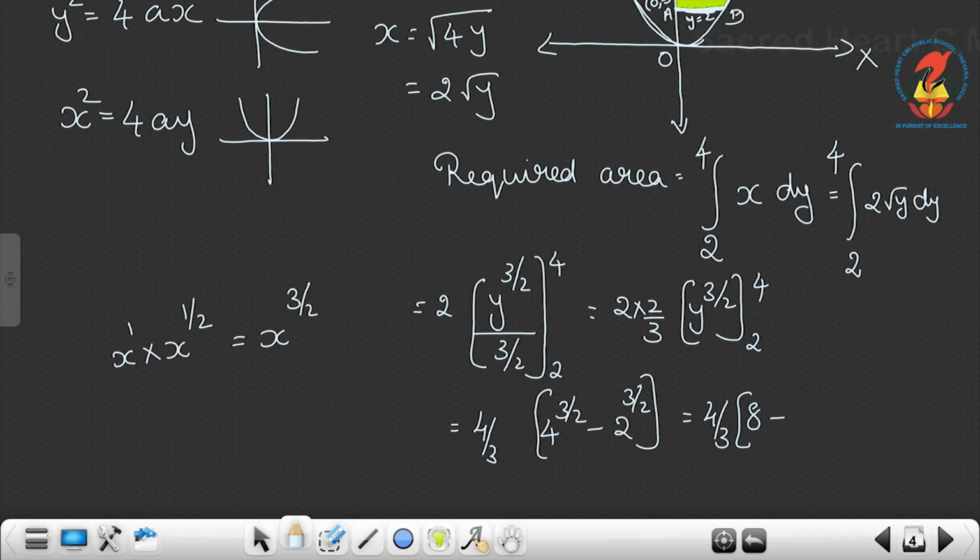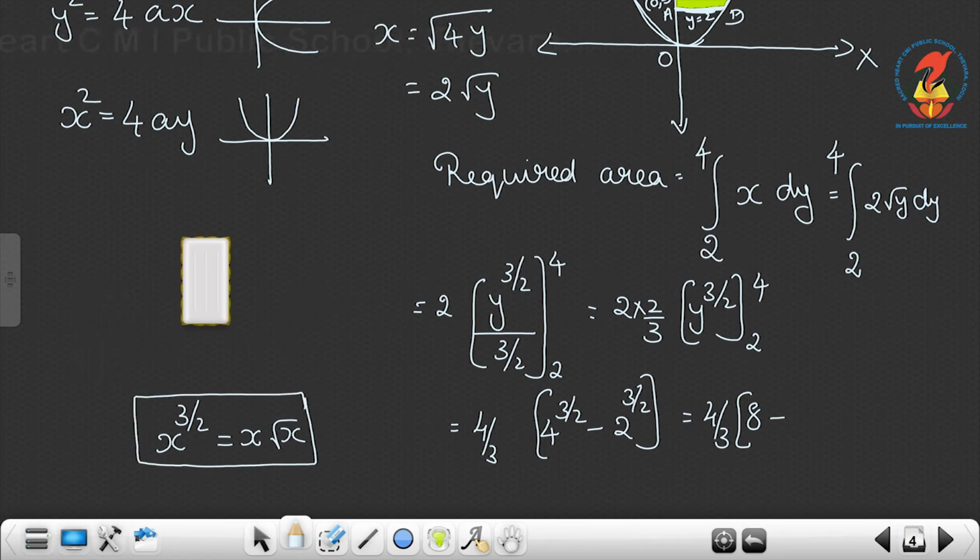Here the power of the first is 1. So multiplication: a raised to m into a raised to n is equal to a raised to m plus n. So x raised to 3 by 2 we can write as x into x raised to half, that is same as root x. So it is better you learn this by heart: x raised to 3 by 2 is x into root x.